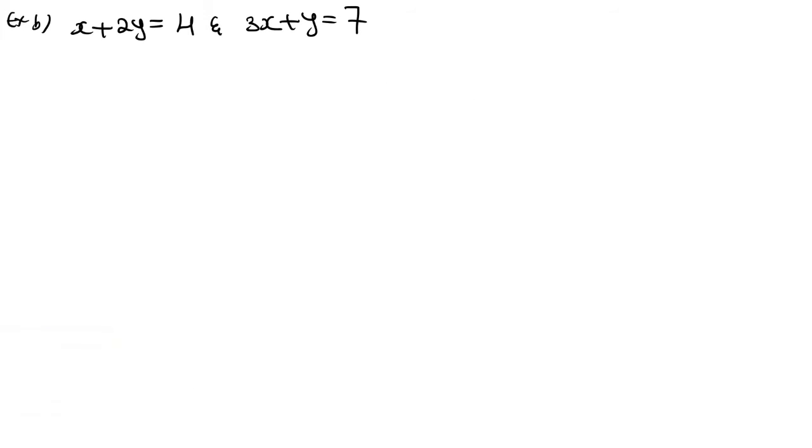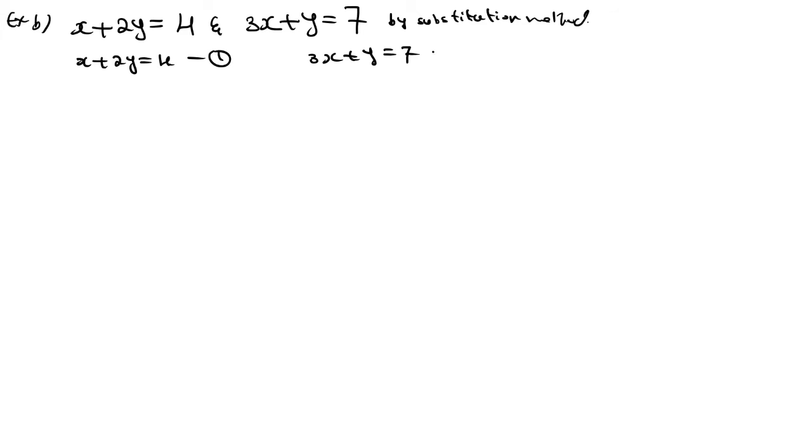See the next example. X plus 2y equal to 4 and 3x plus y equal to 7 by substitution method. Okay, so first consider the equation x plus 2y equal to 4, take it as equation 1, and the second equation 3x plus y equal to 7, take it as equation 2.